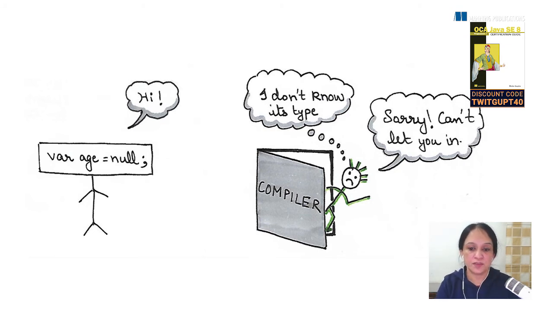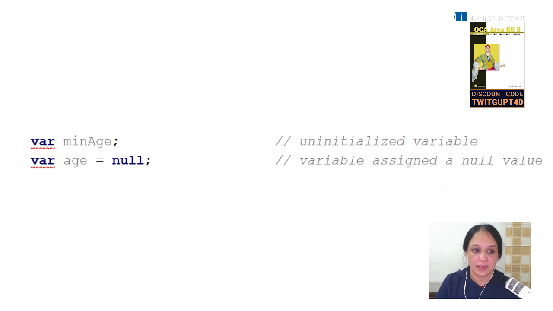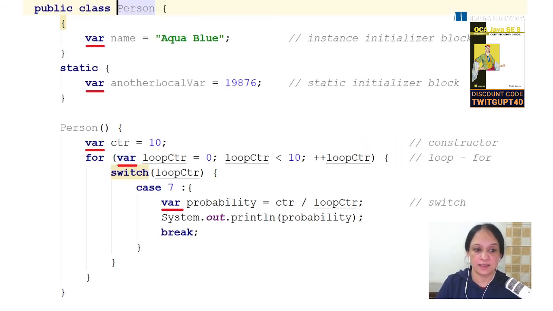So this is what this image is trying to say: if the value that you assign to variable age is null, the compiler cannot determine its type and your code will not compile. And this goes with uninitialized variables as well. Again, we're talking about local variables because the name of the feature is local type inference with var. So if you don't assign a value or if you assign it a null value, in both cases that will not work because the compiler doesn't get all the information it needs.